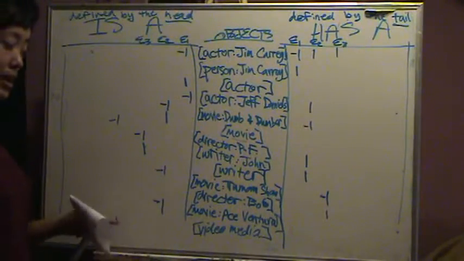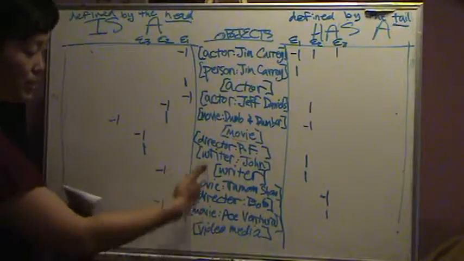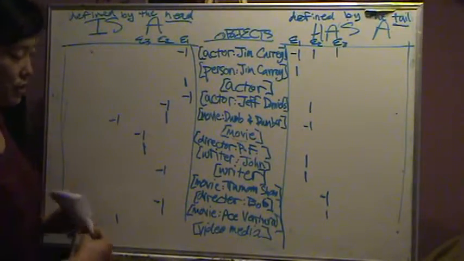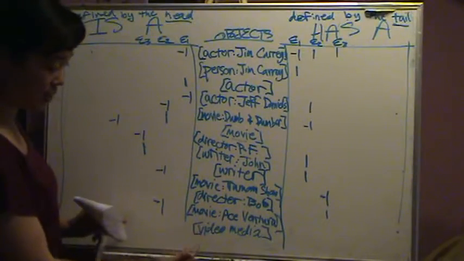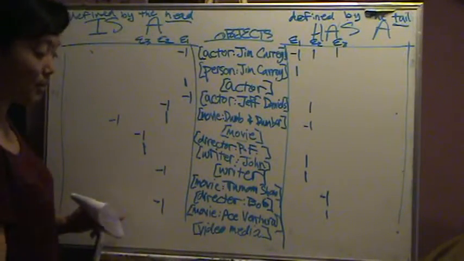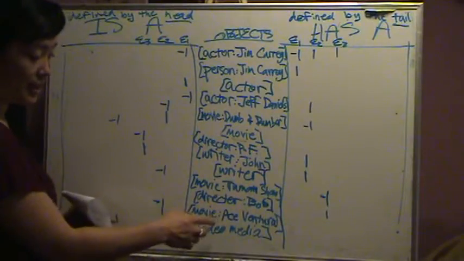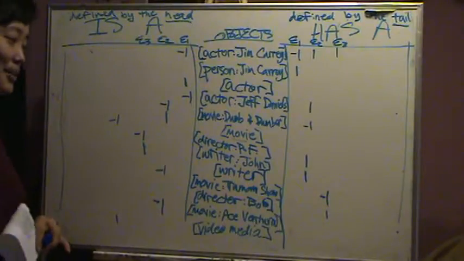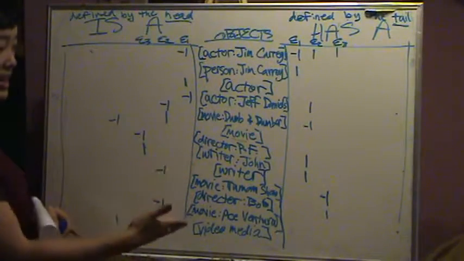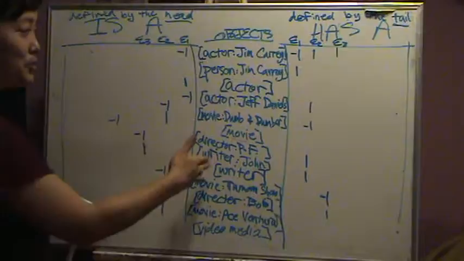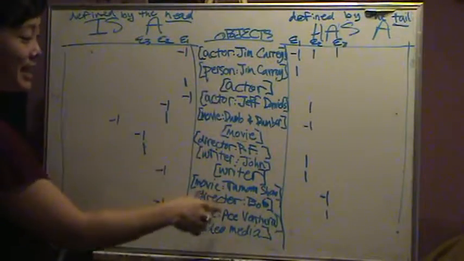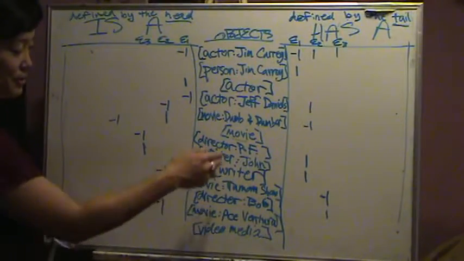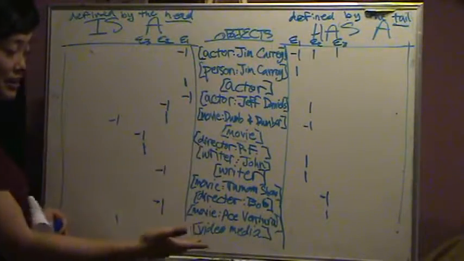And as we get more information and we see that more movies have directors, it may give us a better and better probability that movie Ace Ventura has a director. As it stands right now, what this is kind of indicating is that movies that have actor Jim Carrey have a director.